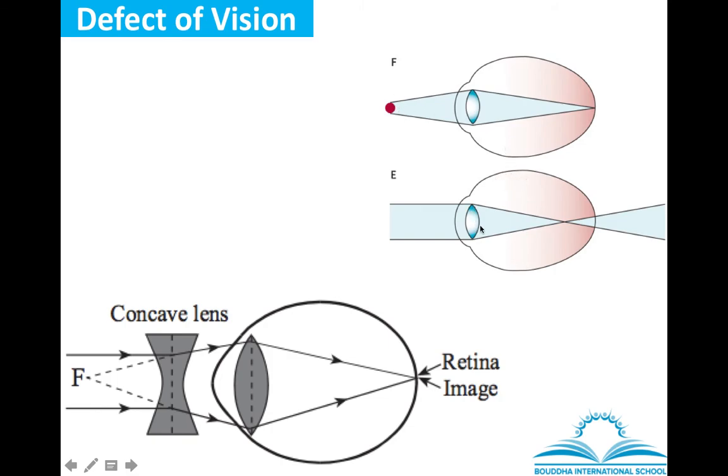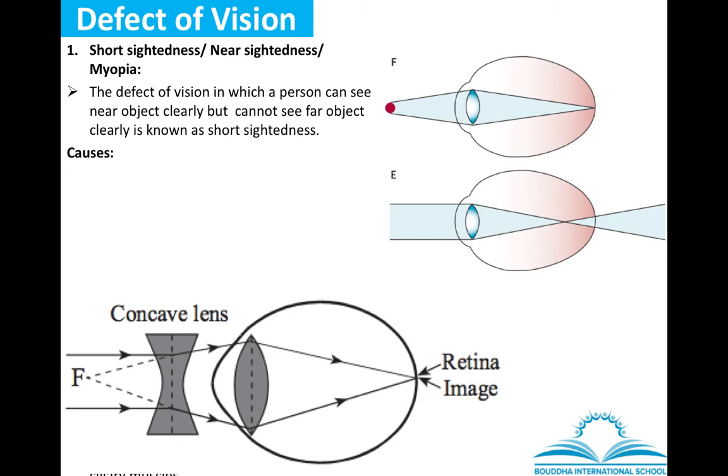But in the second figure, the parallel rays of light, which always come from a distant object, are focused before the retina. That means this eye cannot see far objects clearly, but can see near objects clearly. Since this eye can see near objects clearly, but not far objects, such a defect of vision is called short-sightedness or nearsightedness or myopia.